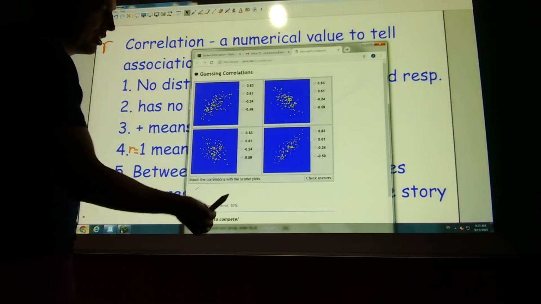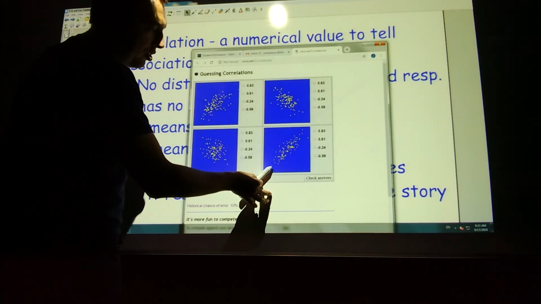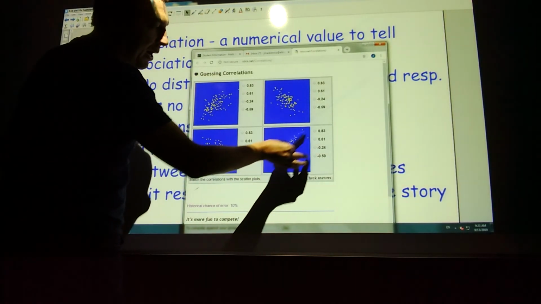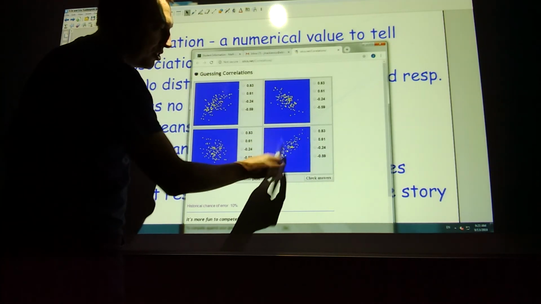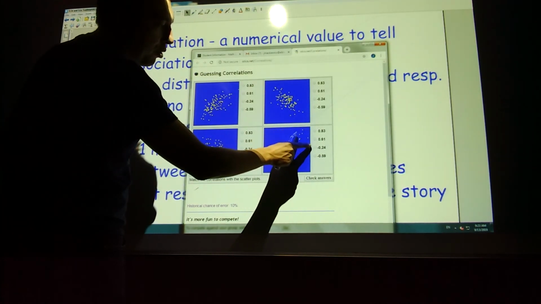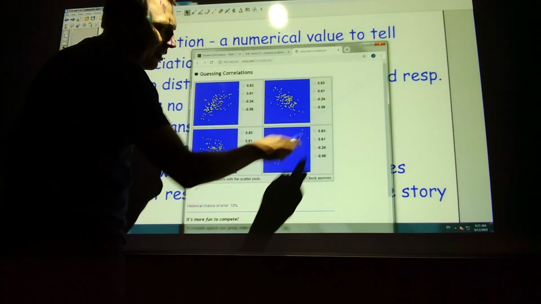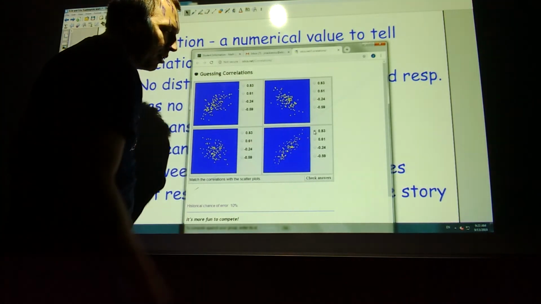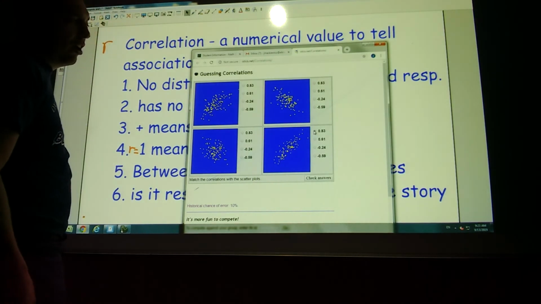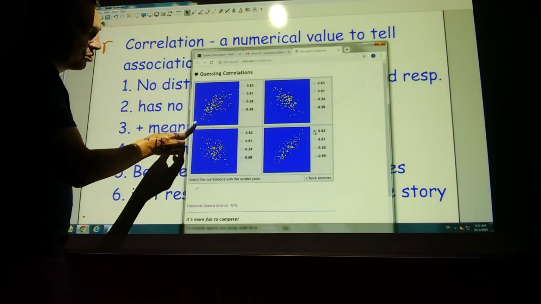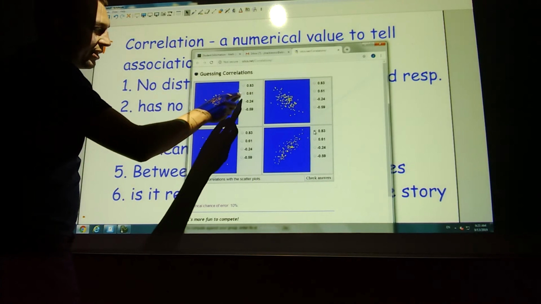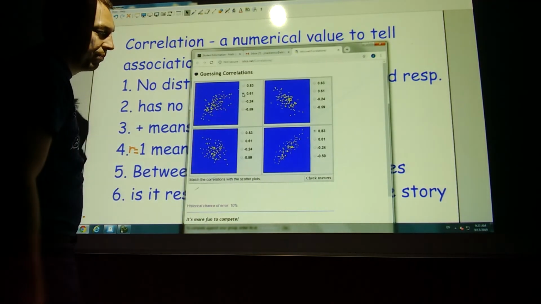So let's see. What could R be? First of all, it's positive, so it's either 0.83 or 0.61. These are pretty close together. It's not perfectly aligned, but I think that this is 0.83, so I'm going to try that. And then the other positive one, I think, is this one, so I'm going to say that's 0.61.